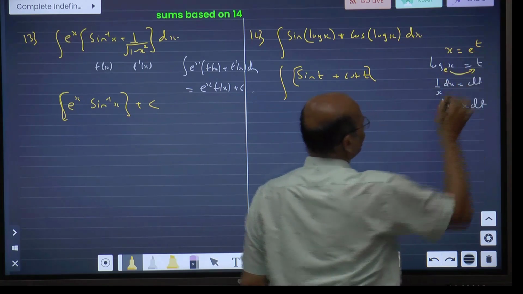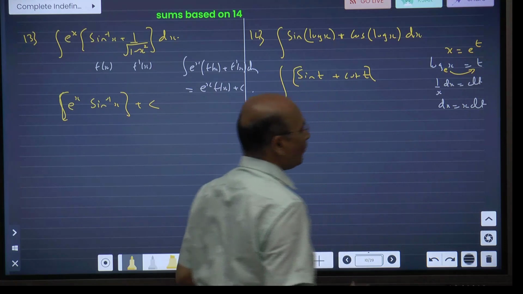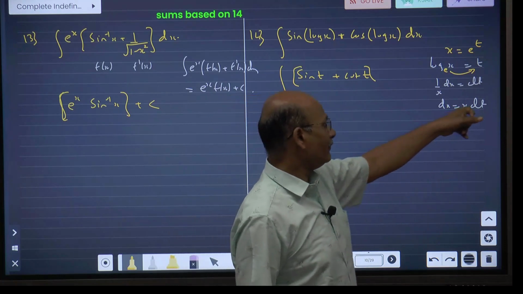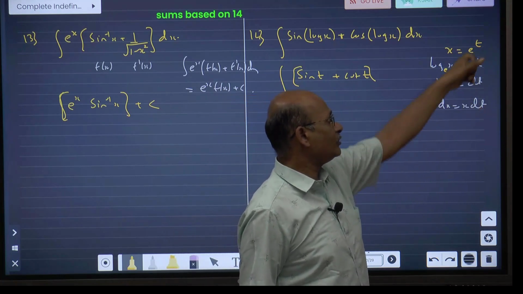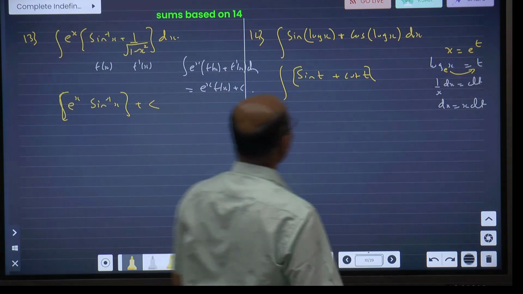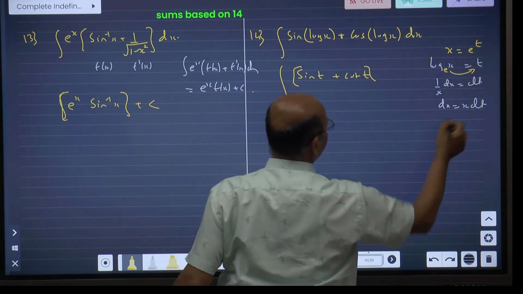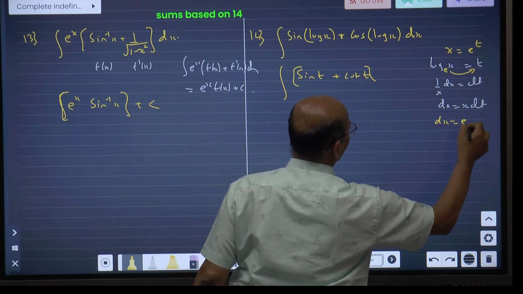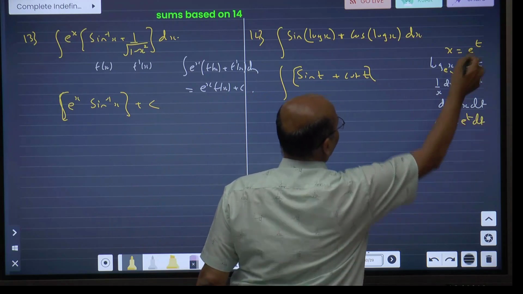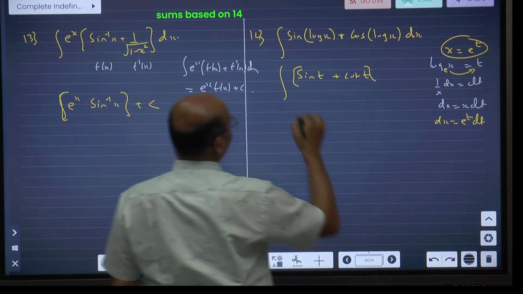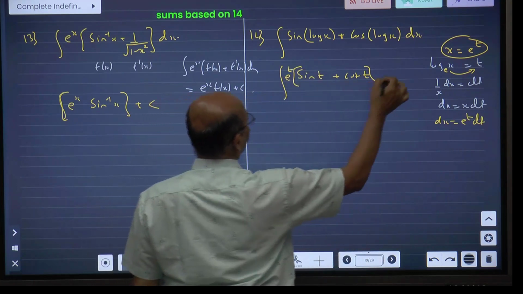Because once dt comes in the picture, the x has to be replaced by e raised to t. So this dx I can say is e raised to t dt, because x is e raised to t.